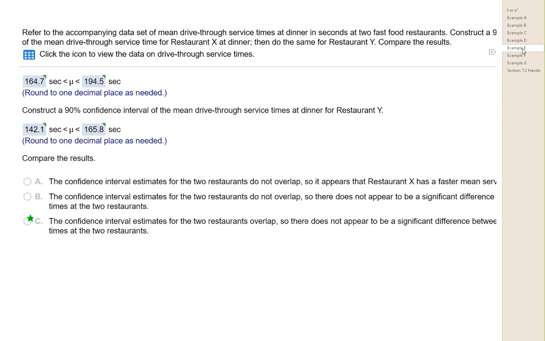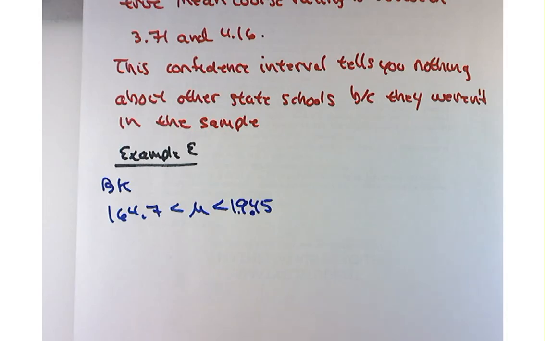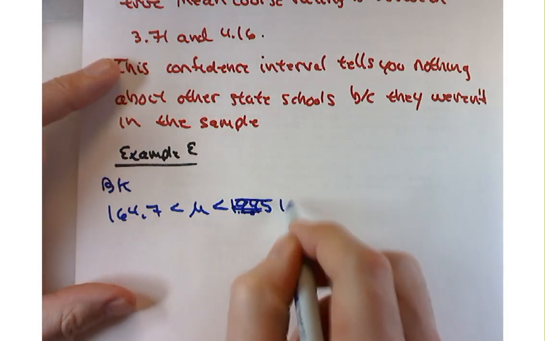BK has a confidence interval for their serving times of between 164.7 and 194.5 seconds. So a little bit less than 3 minutes to a little bit over 3 minutes. So 164.7 less than mu less than 194.5. It should be 194.5.